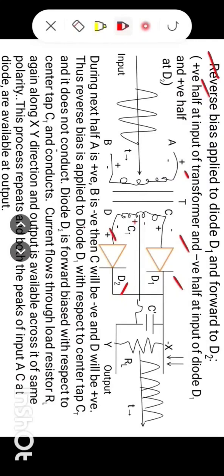So this is the situation we are to explain. Now during the next half, A is positive, B is negative, then C will be negative and D will be positive.